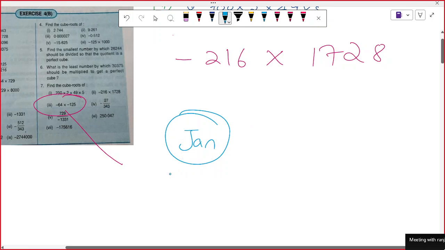So most probably Jan will be the final exam. That's the reason the chapters are less. Math is less, others like physics have the whole textbook. No, it's split. Max 8th, it is less. 9th and 10th, it's very difficult.